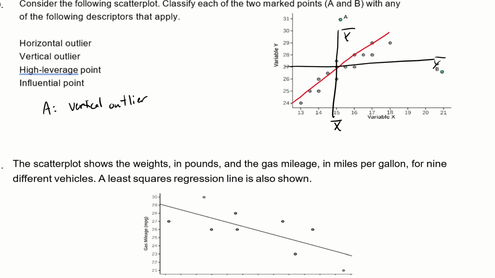I would also say that A is an influential point, because it's going to pull the line up and change the y-intercept. If it changes something significantly, it's an influential point.